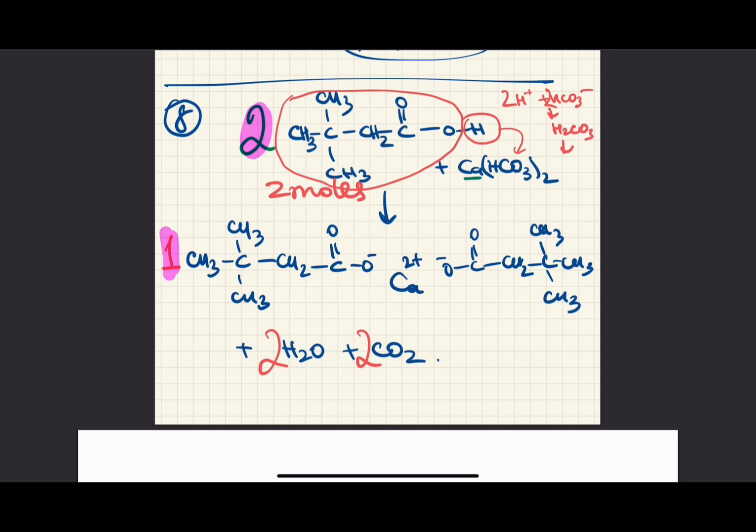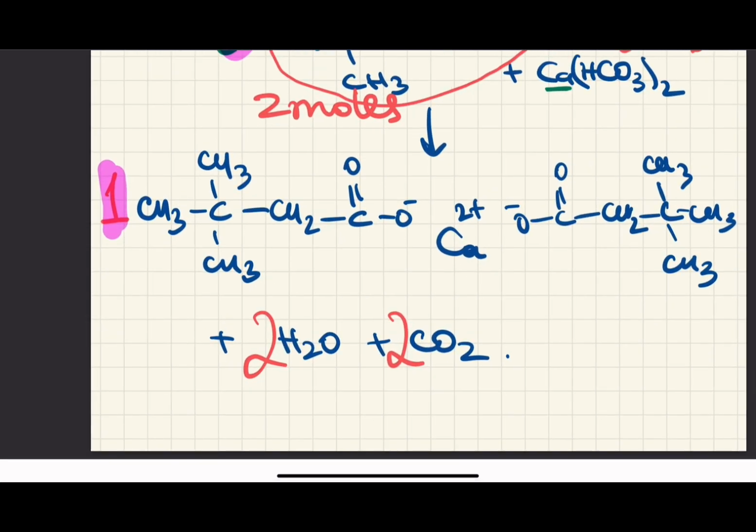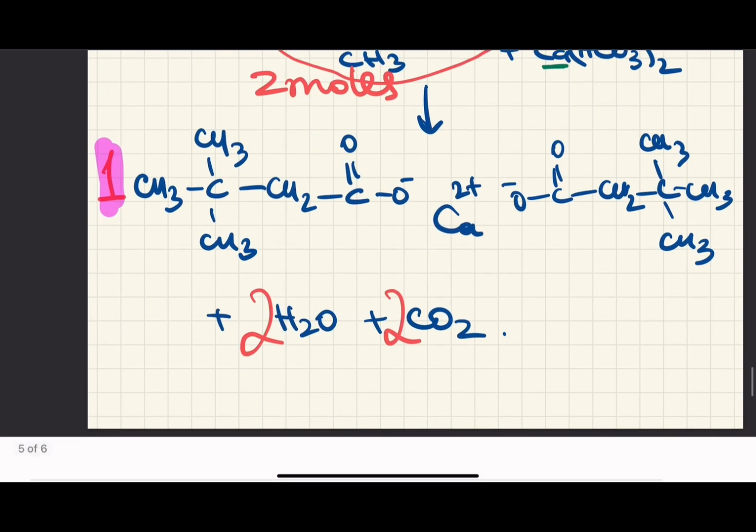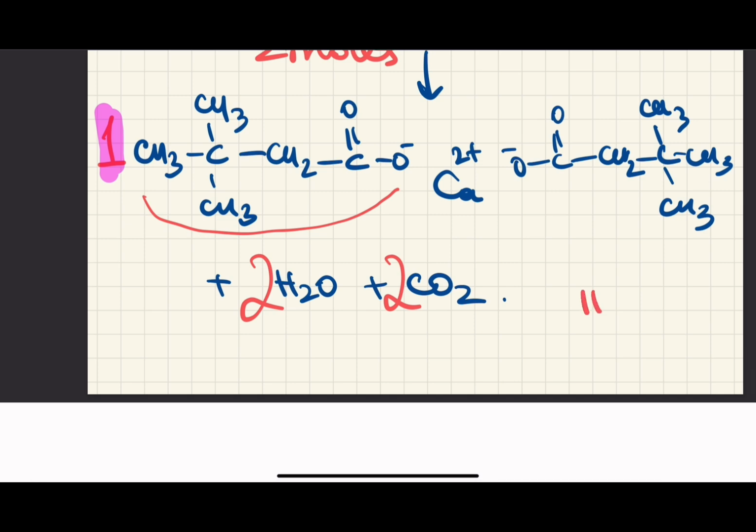So all we need to do is find the molar mass of this salt. We already found that 116 was the whole acid, but we lost 1 of the hydrogens, so it would be 115 multiplied by 2 because we have 2 of them, and you add the calcium on top of that, which is 40. This gives you 270 grams of salt that is formed.